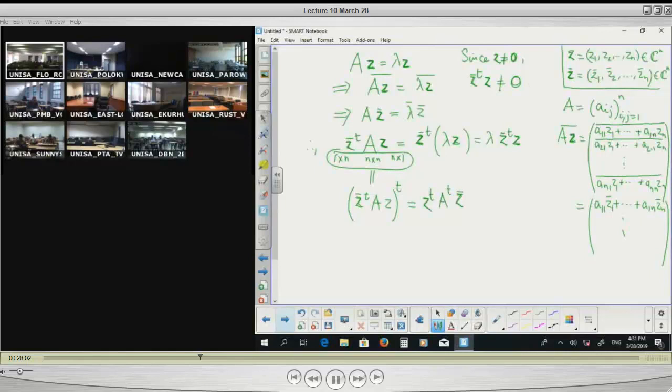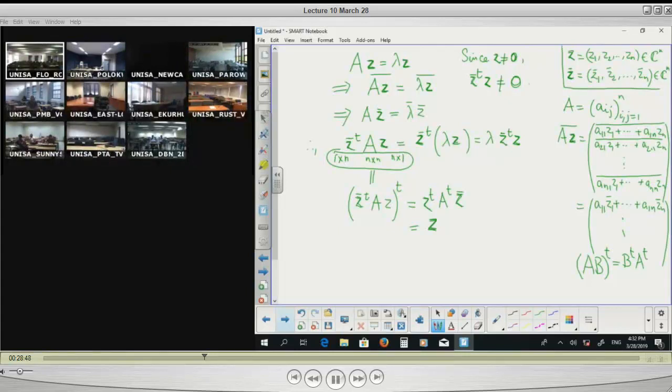So what happens to the transpose for the conjugate Z? You remember, if you have matrices A and B which can be multiplied, AB transpose is B transpose A transpose. That's what I'm doing. But what about the conjugate of Z? So Z bar transpose transpose is Z bar. Oh yeah. Sorry.